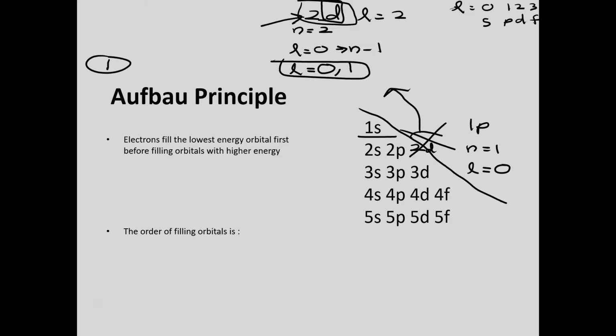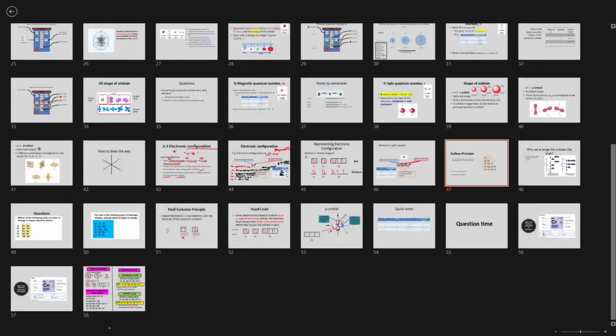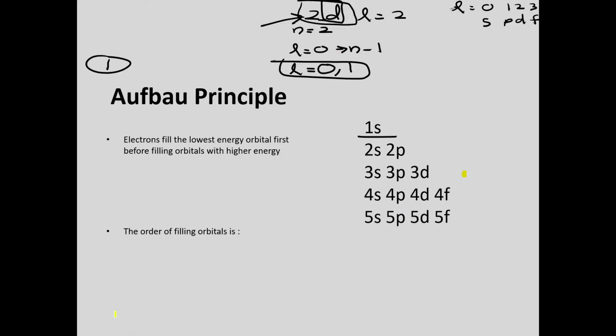Let me erase this. Please write it like this: 1s, 2s, 2p, 3s, 3p, 3d, in the same line.